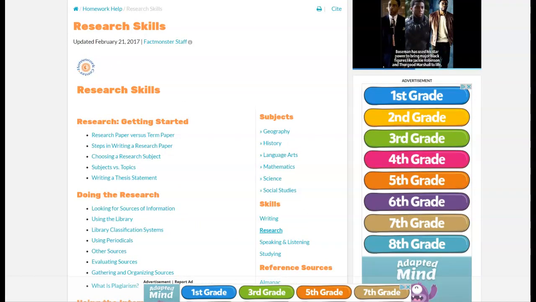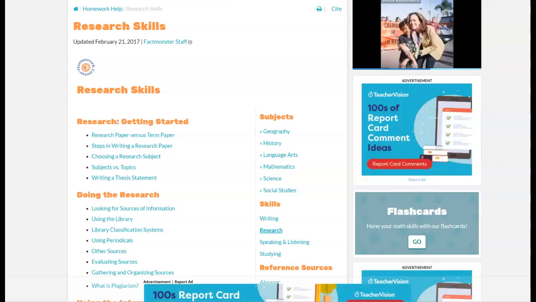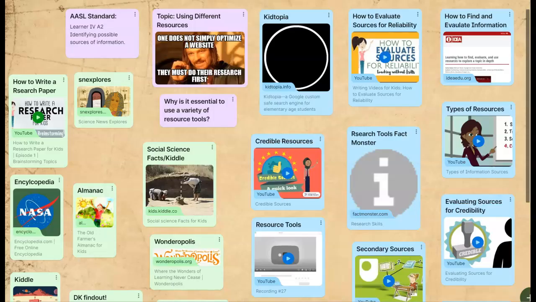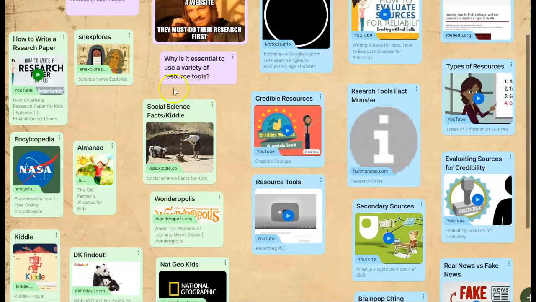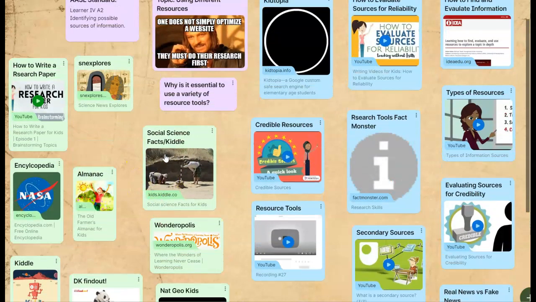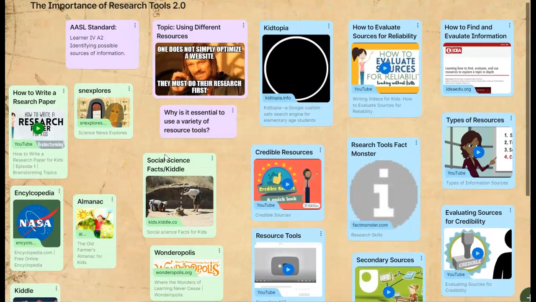All of these little pieces of information, the little videos, and the different tools you have here, they are great options.